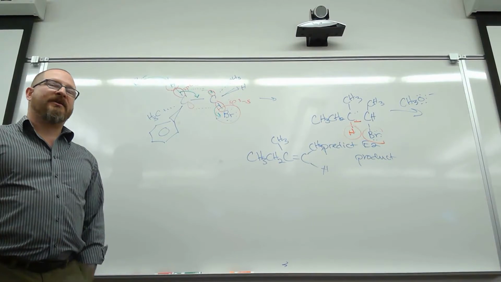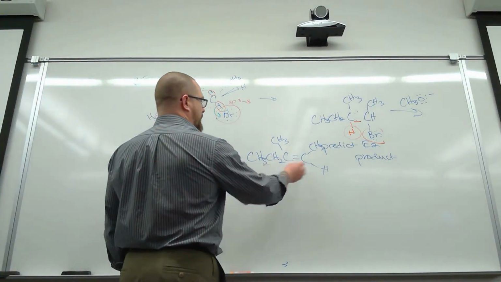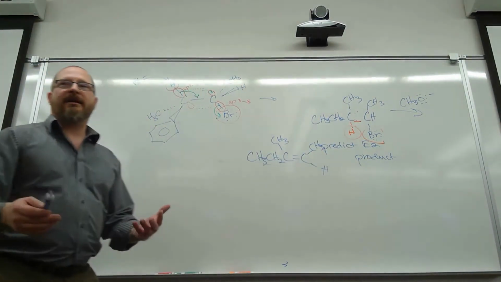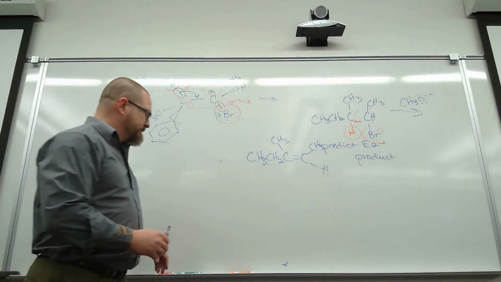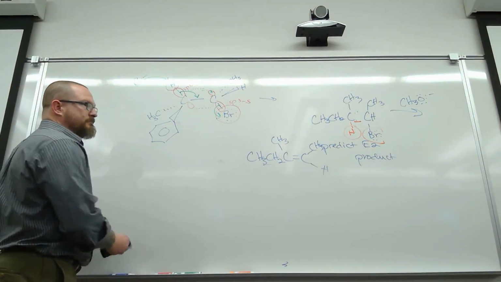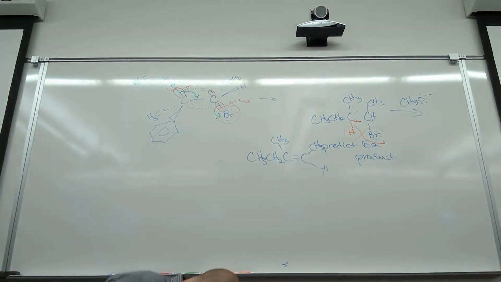To get full points, you have to have the groups in the right alignment. Alright. Any other questions before we do cyclohexanes?